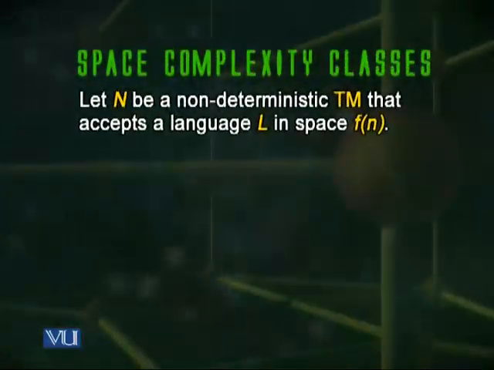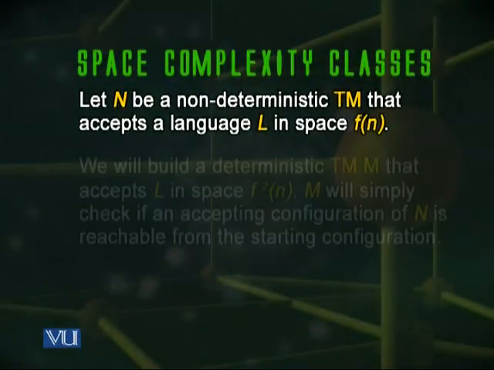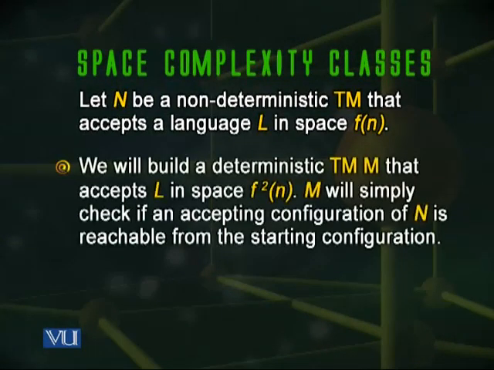Let N be a non-deterministic Turing machine that accepts a language L in space f(n). We will build a deterministic Turing machine M that accepts L in space f²(n). This deterministic Turing machine M will simply check if an accepting configuration of N is reachable from the starting configuration. And this word, reachable, gives away the whole clue.